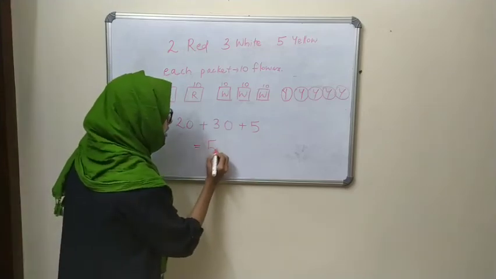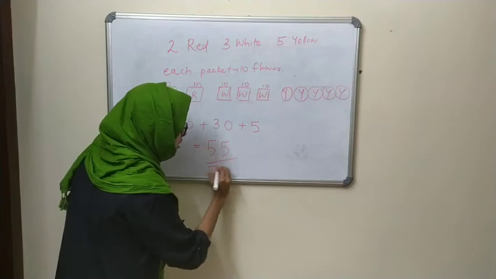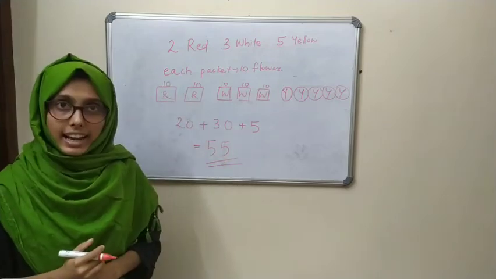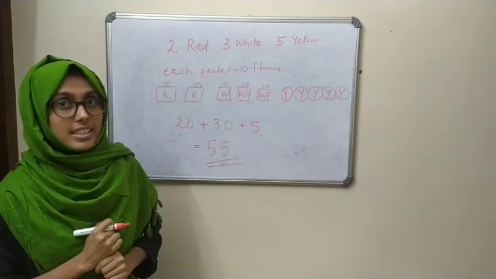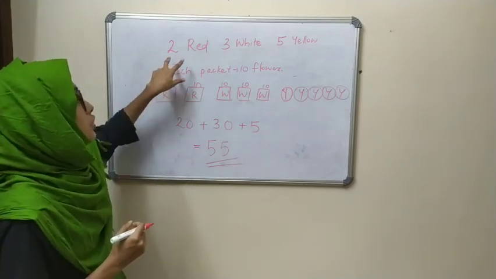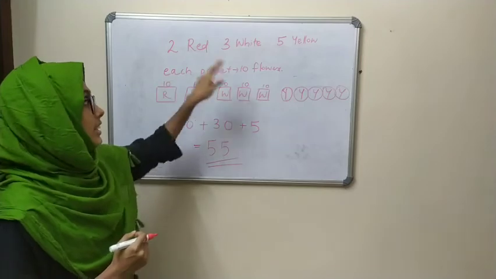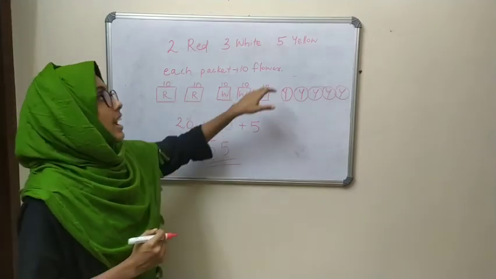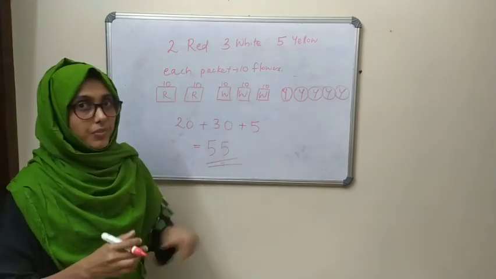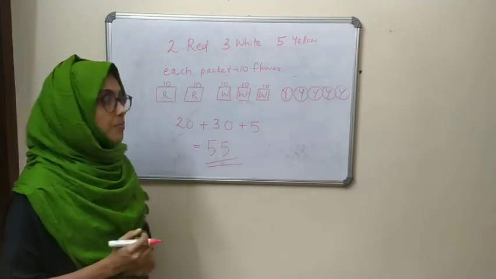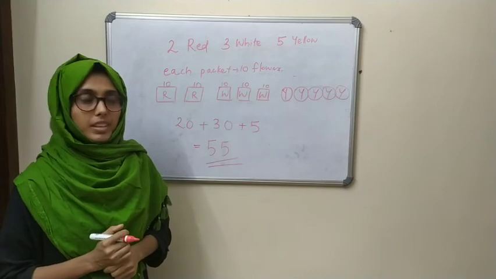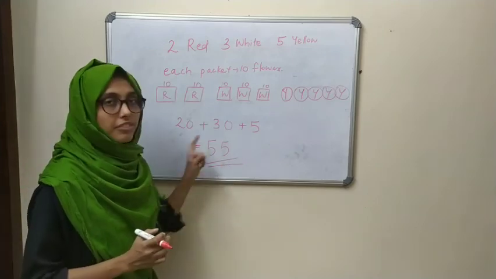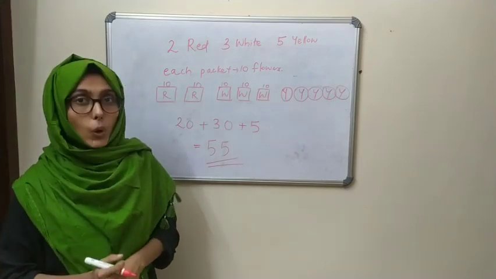So I will write 55. So in total I have 55 flowers with me. Is it clear? There are 2 packets of red flowers, 3 packets of white flowers and 5 yellow flowers. They are not in packets. In each packet there are 10 flowers. So there will be 55 flowers in total.